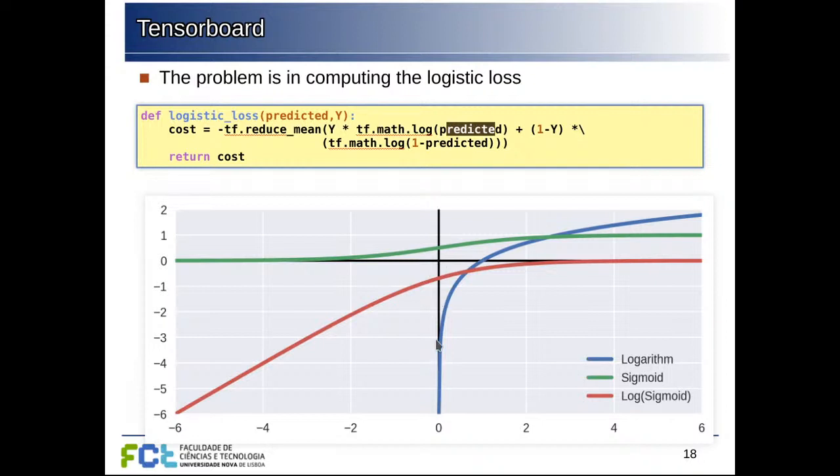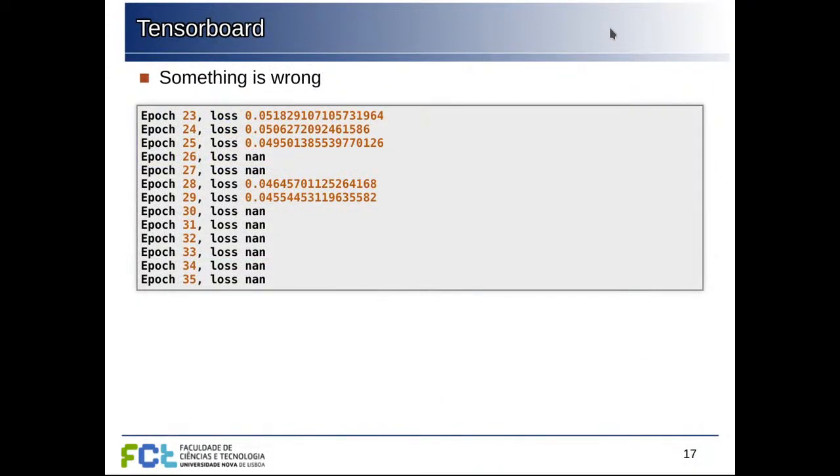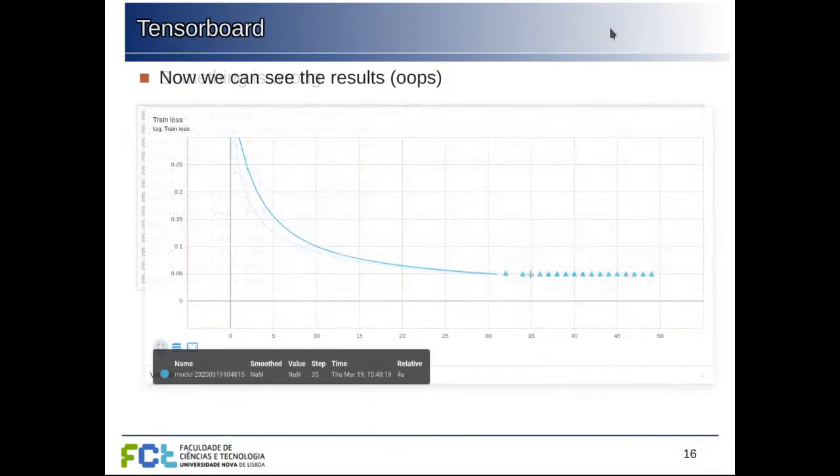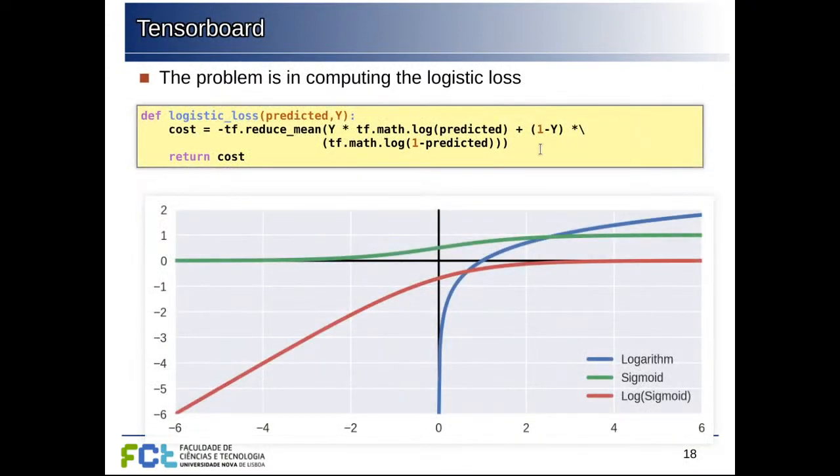Of course, when we have rounding errors given the precision that we're using or something like that, then this will be a problem with the numerical stability of this function, and that's why we get this not a number occasionally. So we need to compute the logistic loss, but we cannot compute it in this naive way. Otherwise, we risk having these problems.